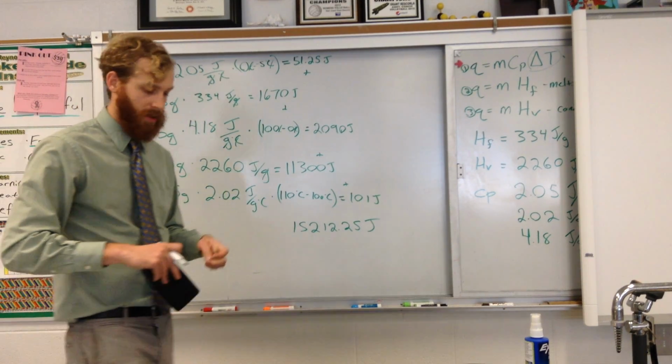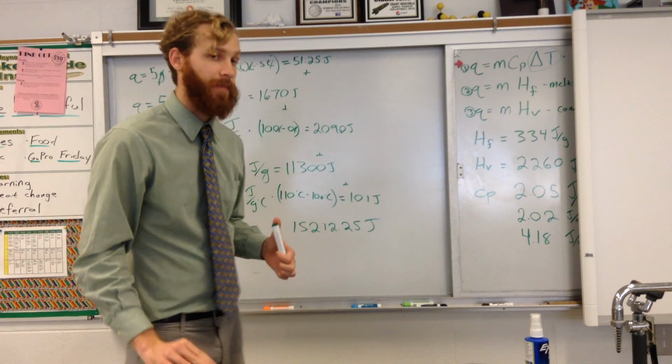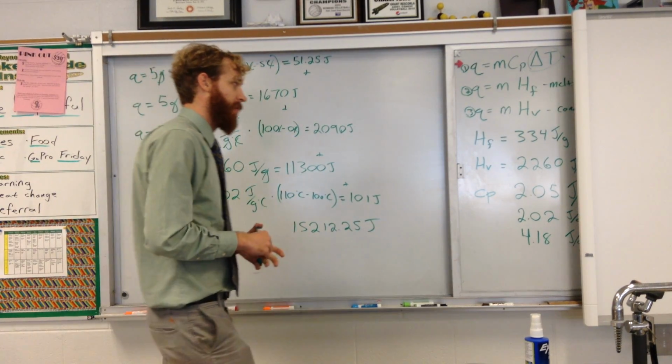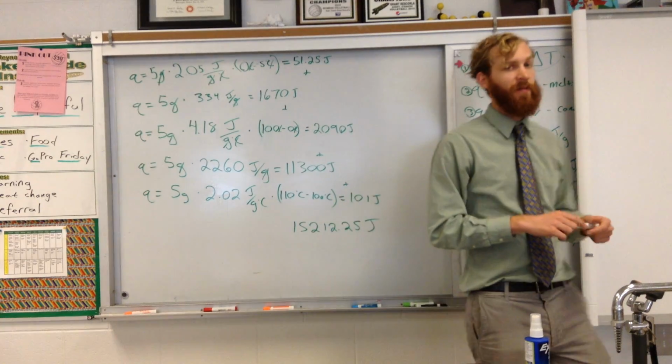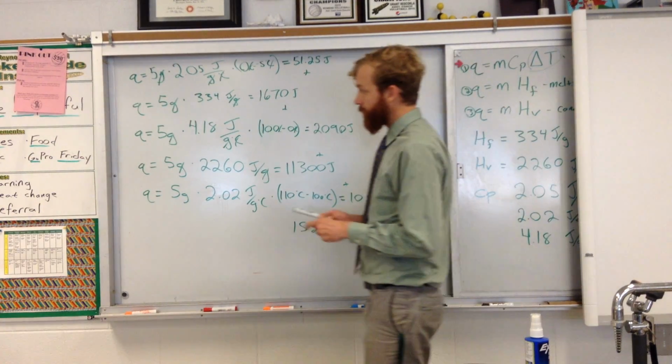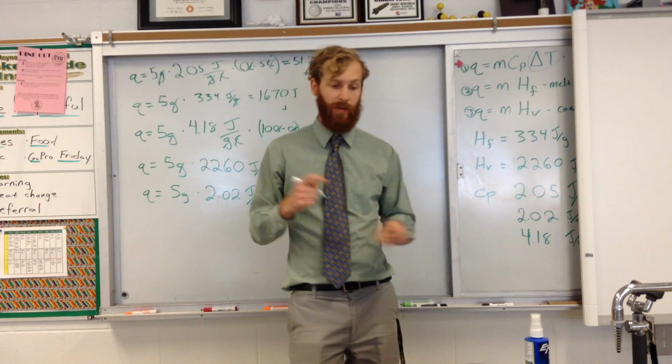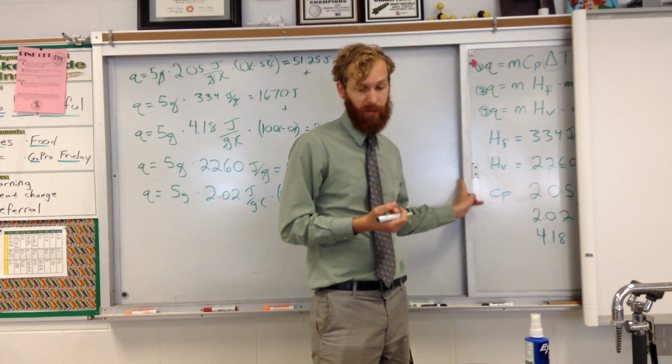Now sometimes it's not going to be that simple as far as solving. We didn't have to solve for any other variables other than Q. You're also going to see equations where you have to calculate the specific heat.